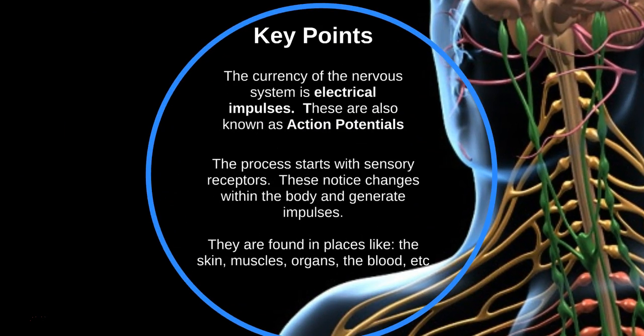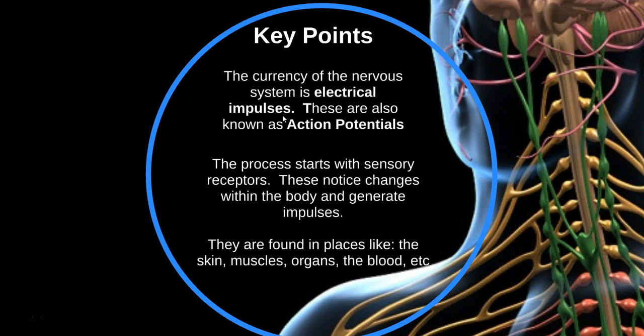So, I guess before we move any further, we've probably established from what I've said so far that the things that are being sent around the system are messages, and those messages take the form of electrical impulses, the same electricity that's travelling through your electrical goods in your house. Sometimes these electrical impulses are known as action potentials, and that's because they have the potential to cause an action.